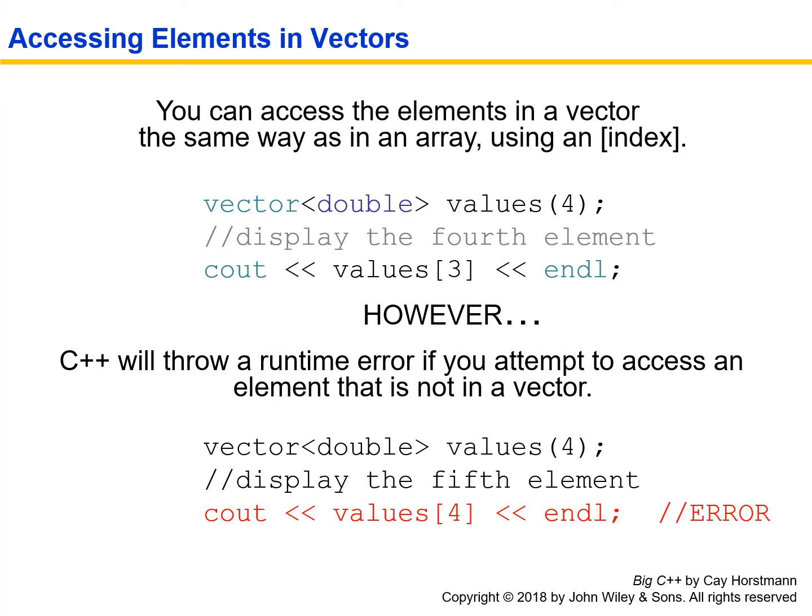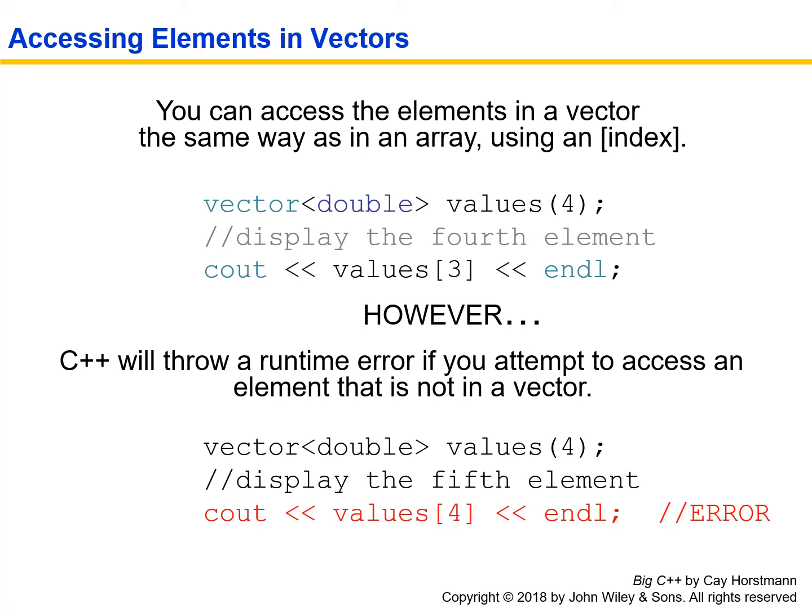So if I create a vector of double values and make it size 4, I can display the 4th element by saying cout values at 3. Now that'll print a 0 because I haven't put anything in values at 3 yet.